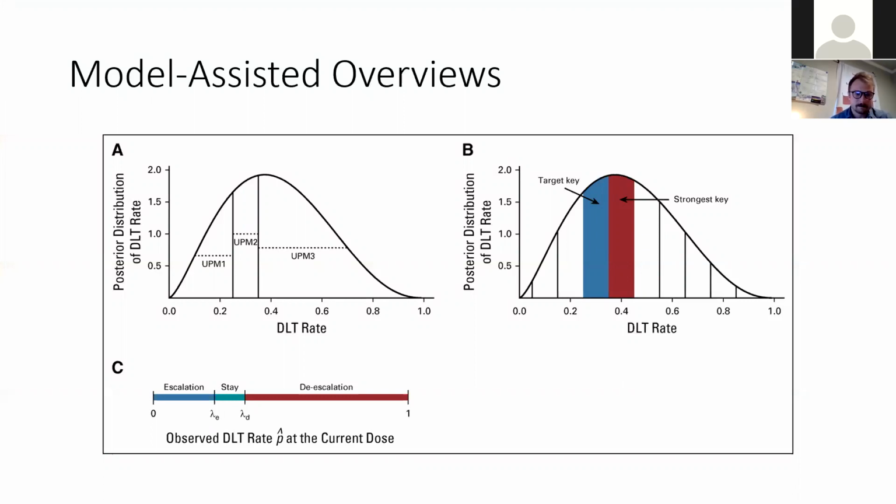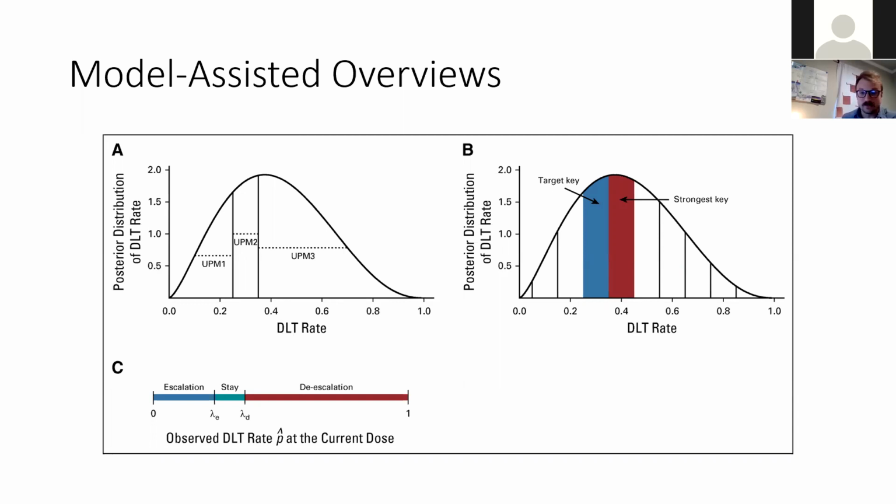But basically, this image shows what the mTPI, the keyboard, and the BOIN designs use to guide their decision rules. The mTPI is figure A, the keyboard design is figure B, and figure C is the BOIN.